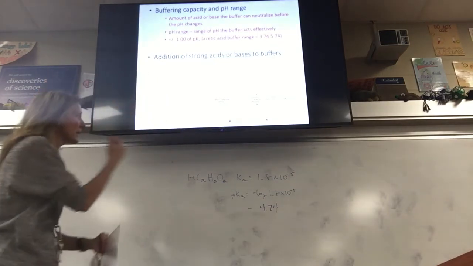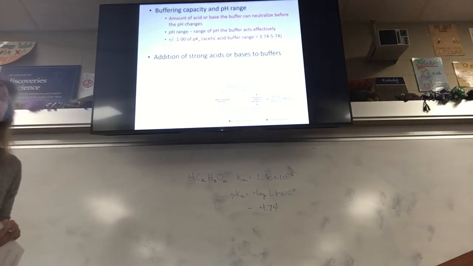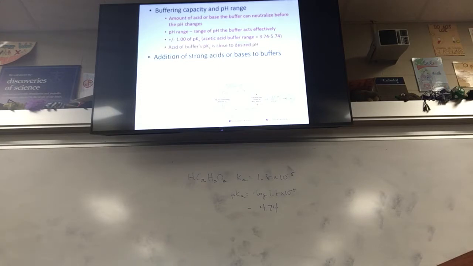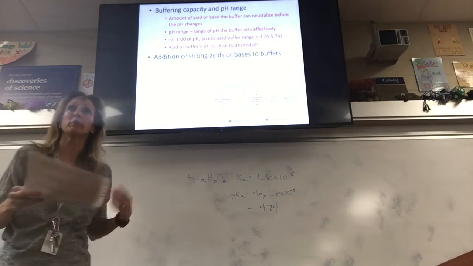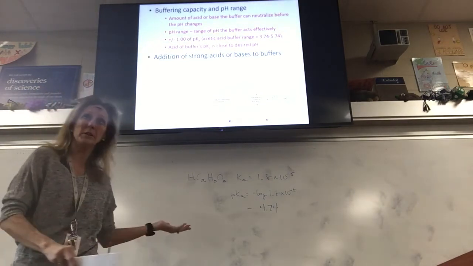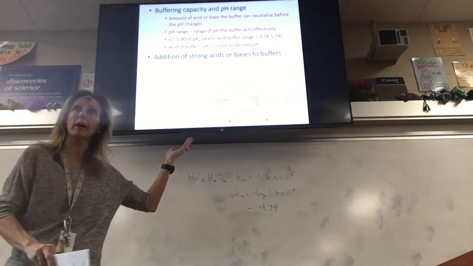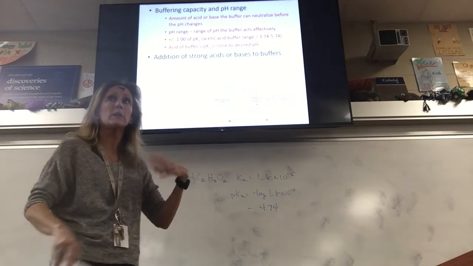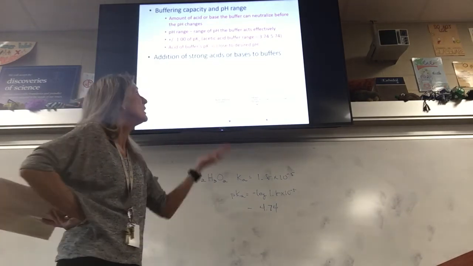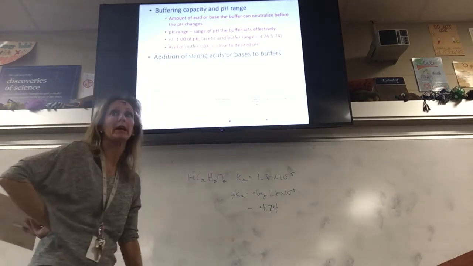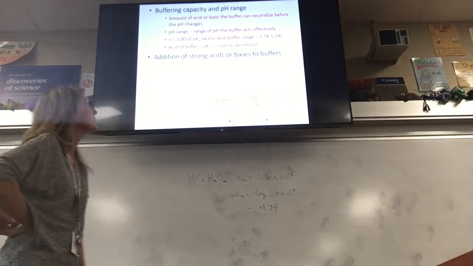So it's plus or minus 1 of whatever that pKa is. And so if we knew what pH range we wanted, we would just find a weak acid with its salt that would have a pKa close to that desired pH.